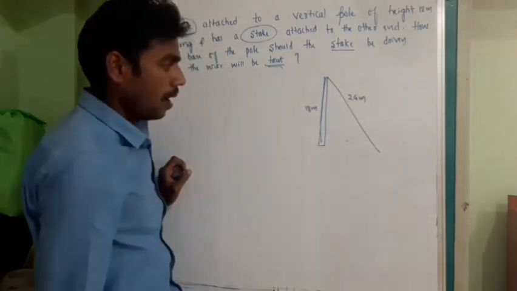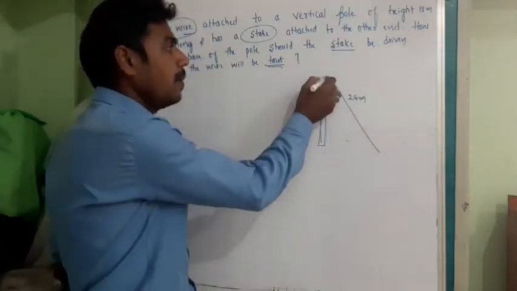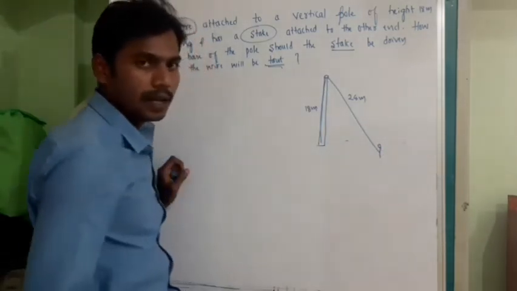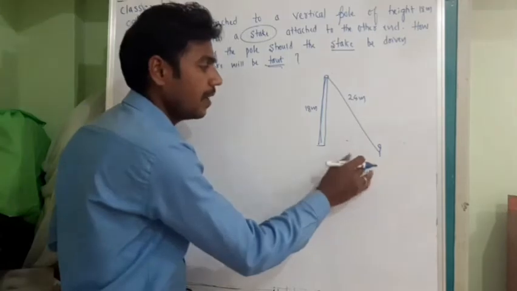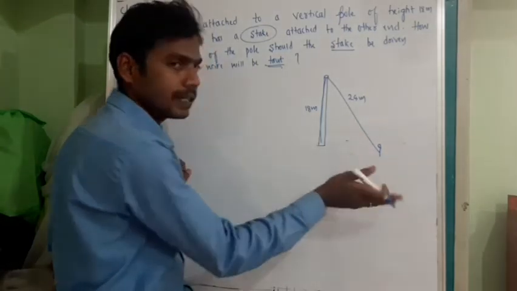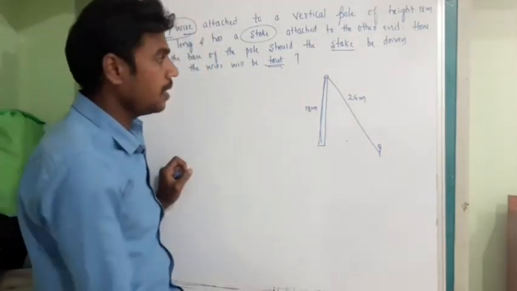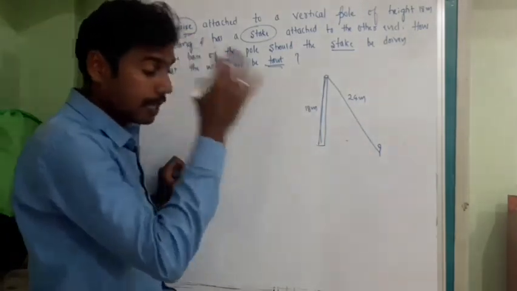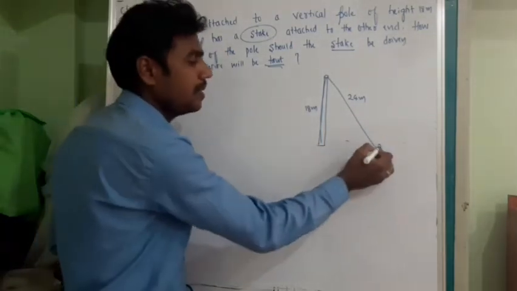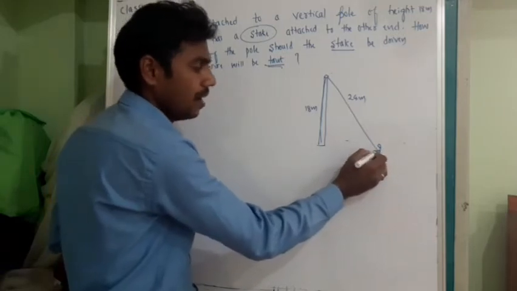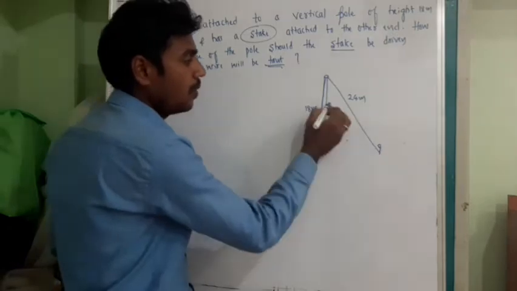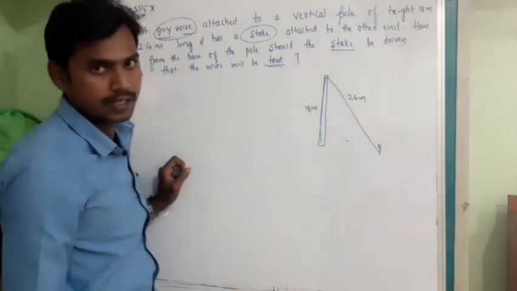One end is attached to the pole, and the other end is attached to a stake, a nail-like structure at the ground level, wooden or something, to which a wire can be attached.